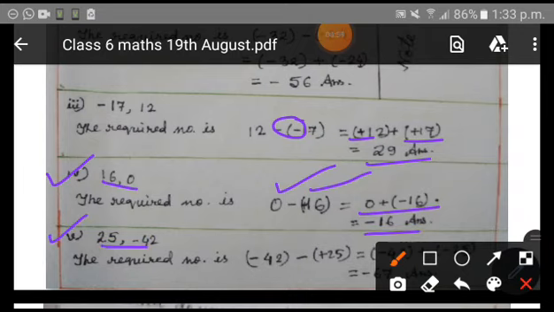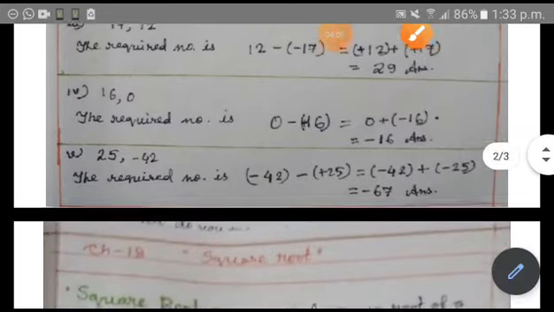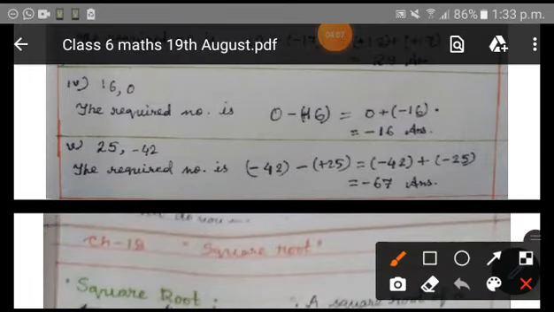Next one, 25 and minus 42. Here what we will do is you are going to subtract the first number from the second number, that means minus 42 minus of plus 25.